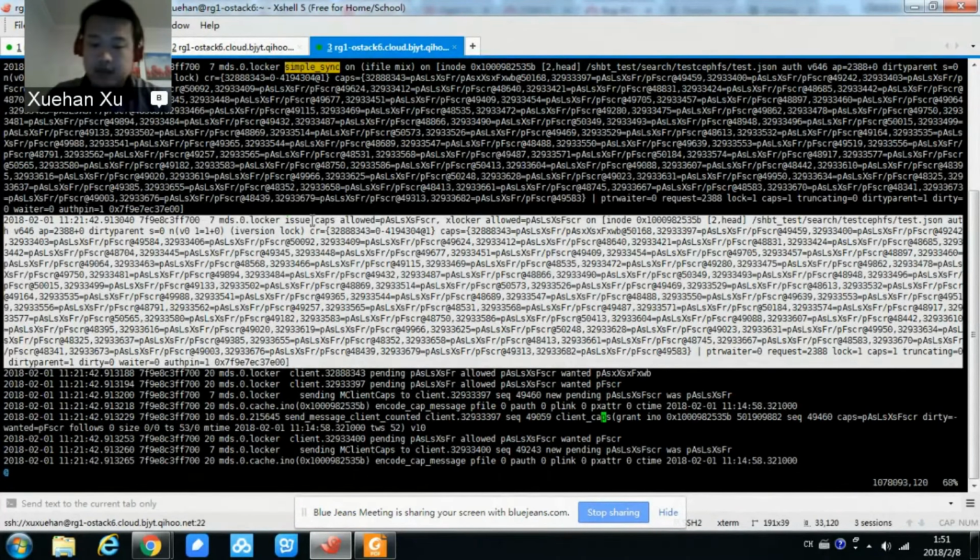And when the next getattr operation is processed, it will make the file lock go into the lock sync mix state again, and keep repeating this.